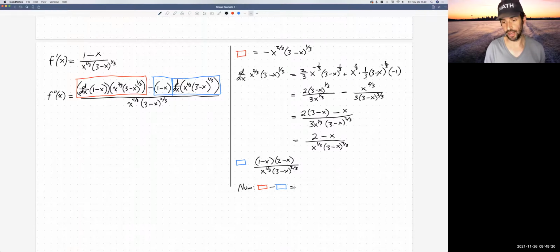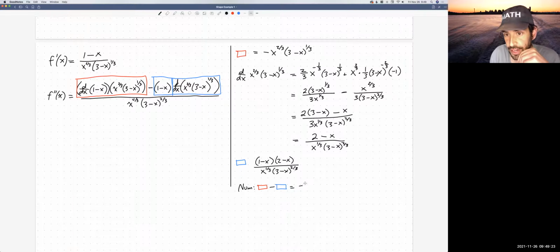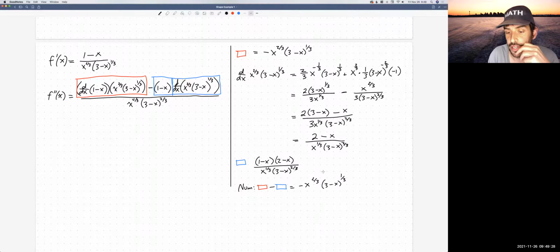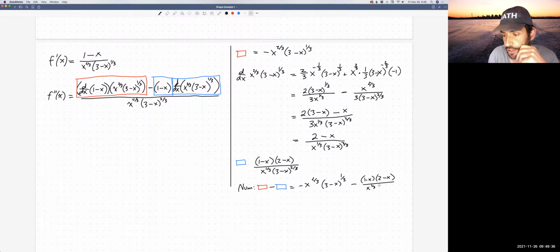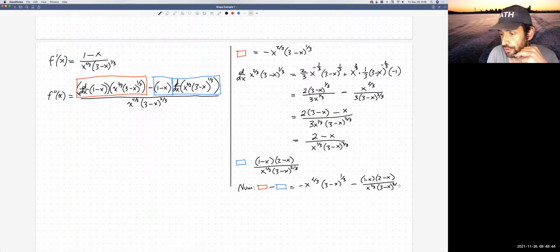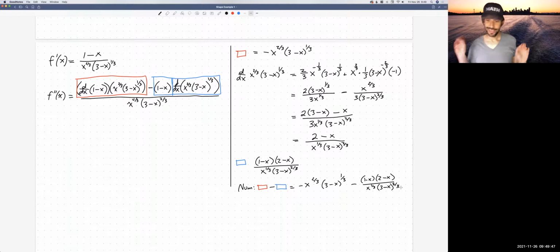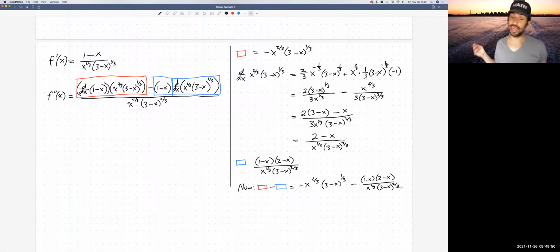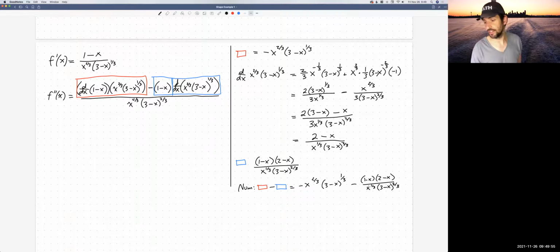Okay, so now my red box was negative x to the 2/3, 3 minus x to the 1/3, and I'm subtracting 1 minus x times 2 minus x over x to the 1/3, 3 minus x to the 2/3. Okay, let's play a similar game and get a common denominator. So we don't have a denominator here, we do, it's 1. So the common denominator is this x to the 1/3, 3 minus x to the 2/3.